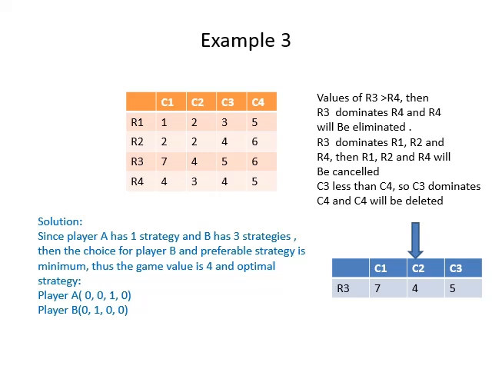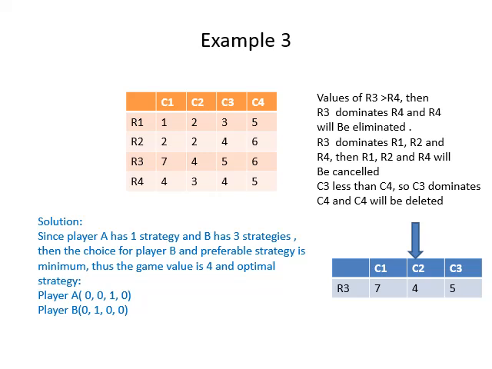The solution. Since player A has only one strategy and player B has 3 strategies, then the choice for player B is the minimum, as you know.